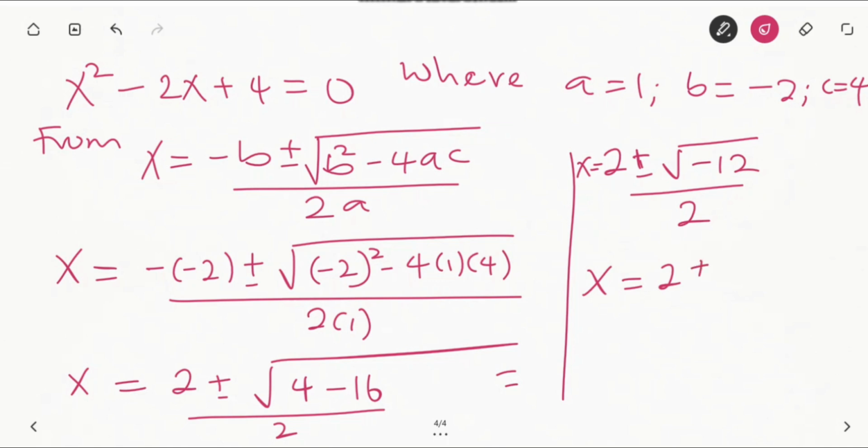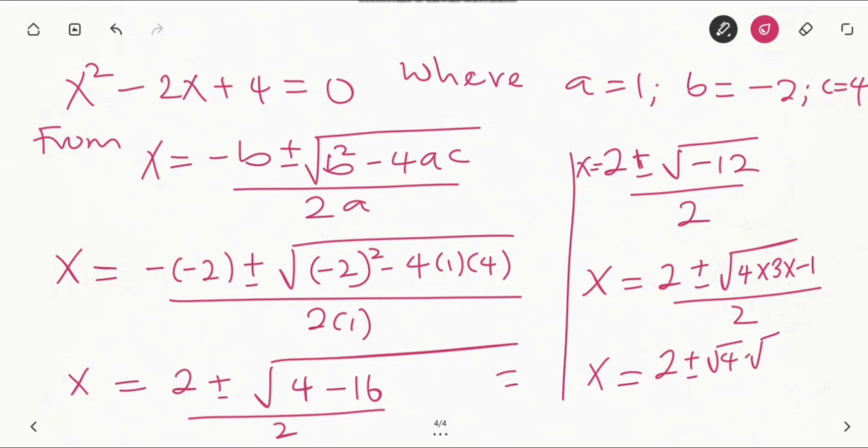You can write this as root of 4 times 3 times minus 1, divided by 2. So x equals 2, positive or negative, root 4 times root 3 times root of minus 1, divided by 2.